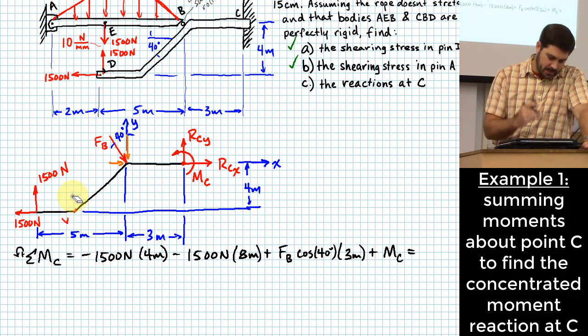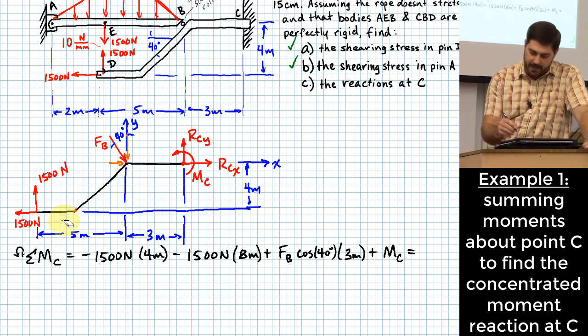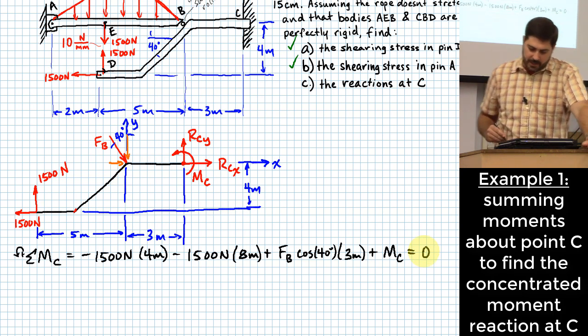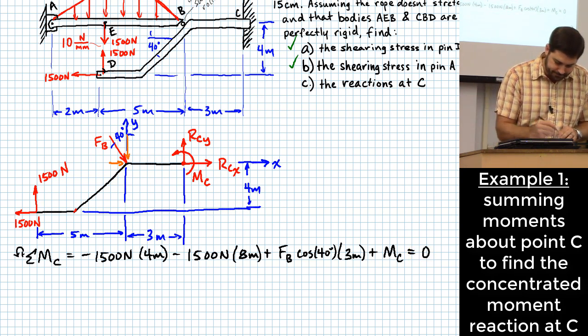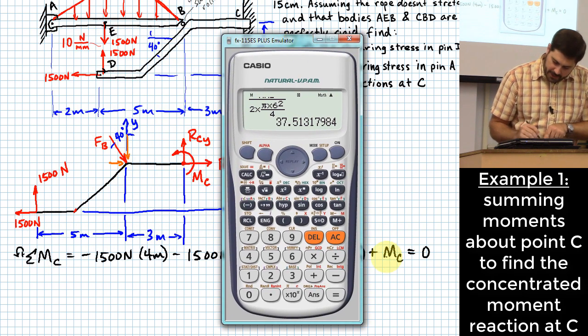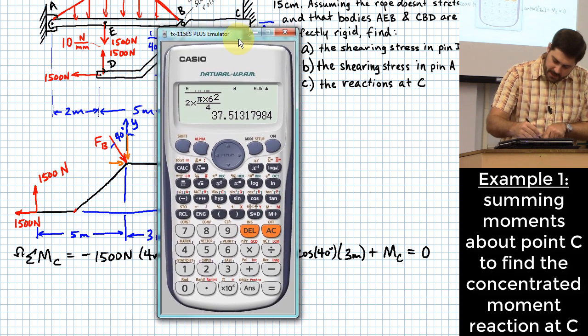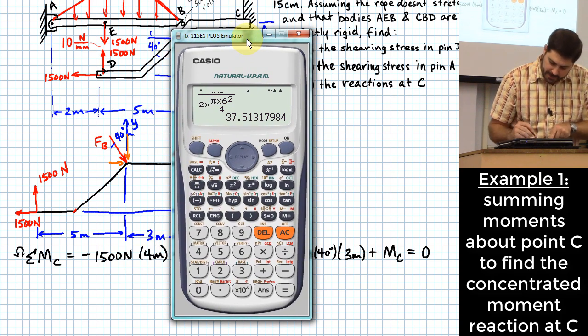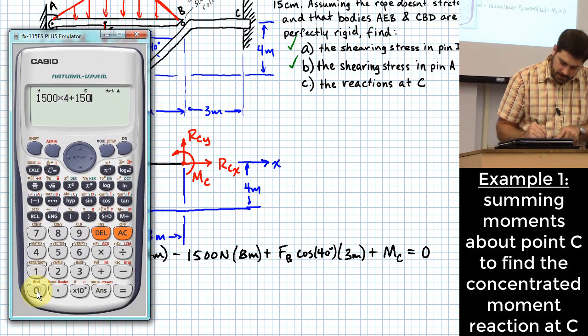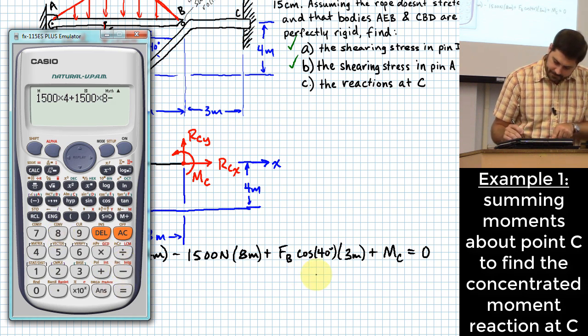Okay? So that means I'm done with my sum of moments around point C, which means I can go ahead and start trying to solve it. Okay? So I'm going to move everything but M sub C over to the other side of the equation, which means I'll have a positive 1,500 times 4 plus 1,500 times 8 minus FB.